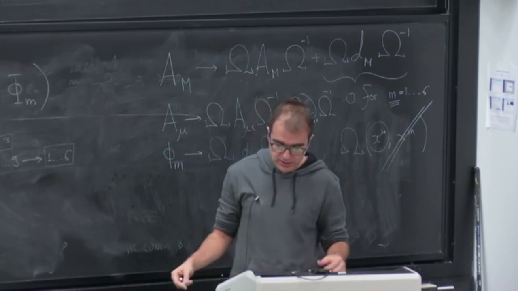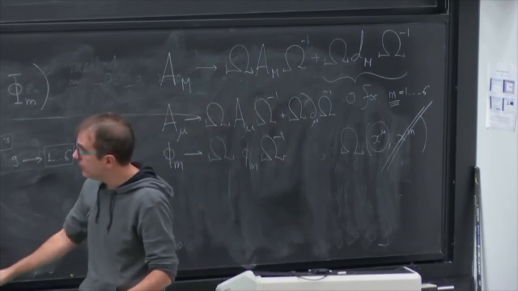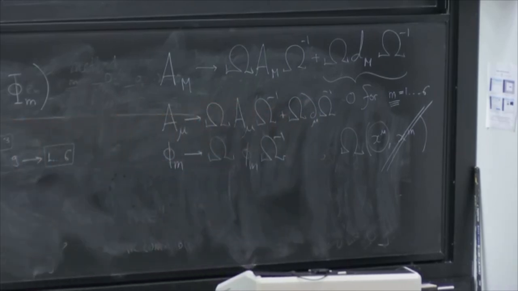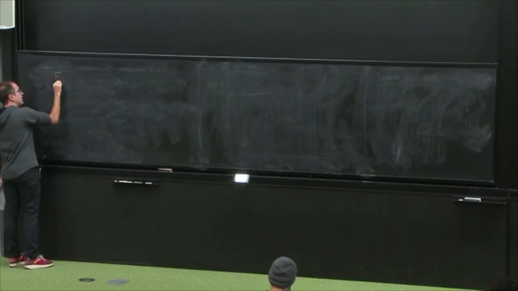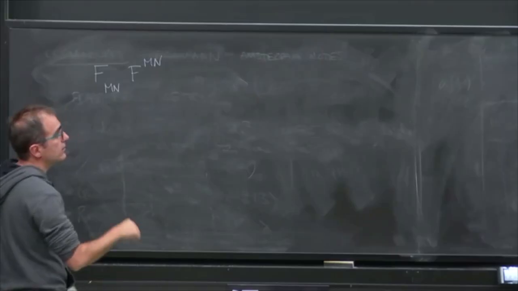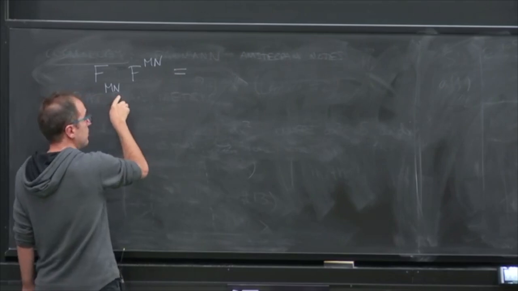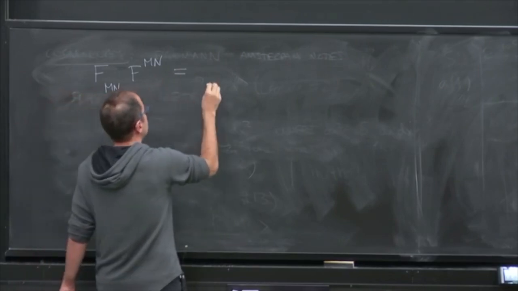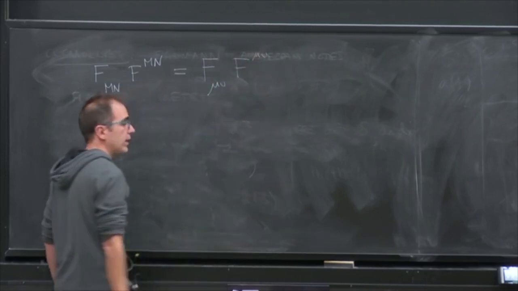Indeed, if we write this, the trace of F_MN squared, what would this F_MN become? If both indices are mu, this becomes just F mu nu, F mu nu, when the indices are in the 4 directions.